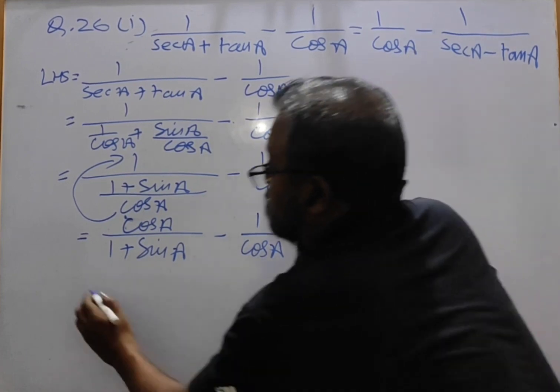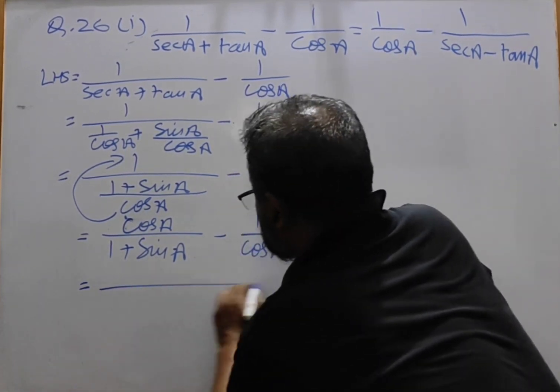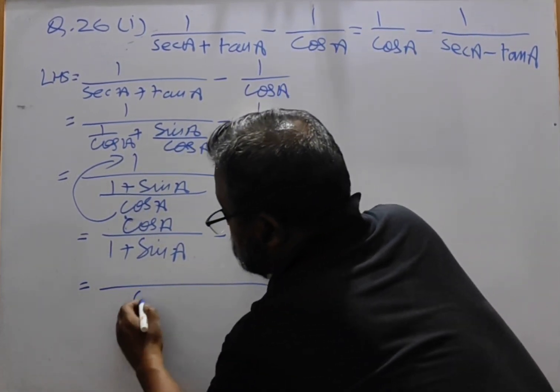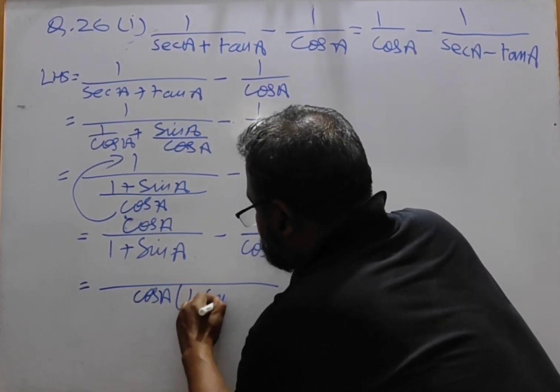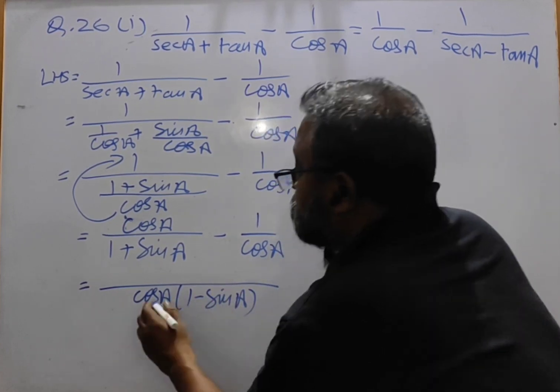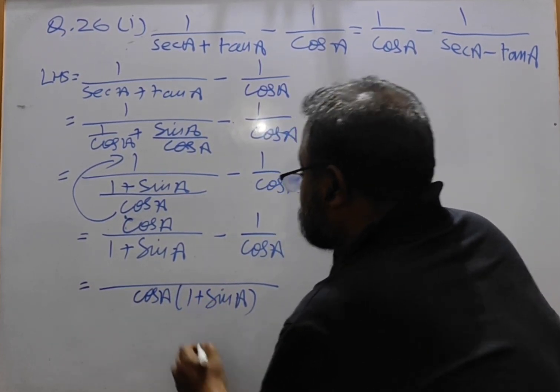Now you take cos A, bracket 1 plus sin A, as the LCM.